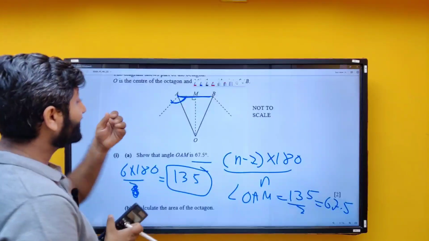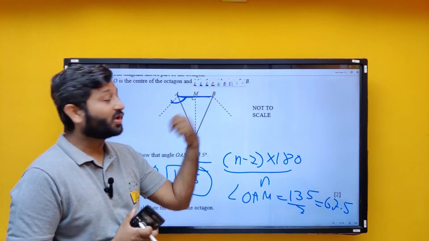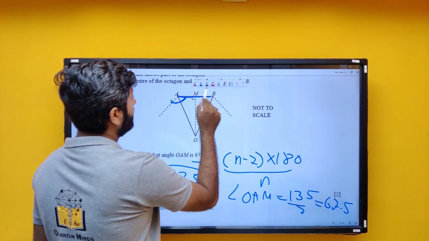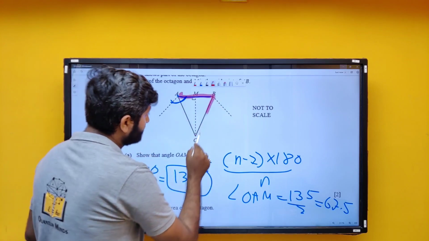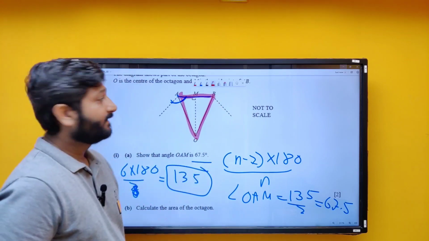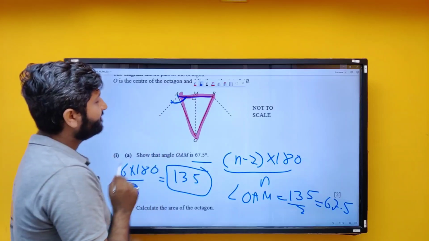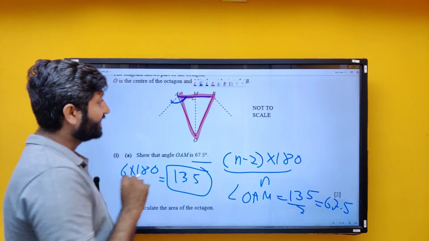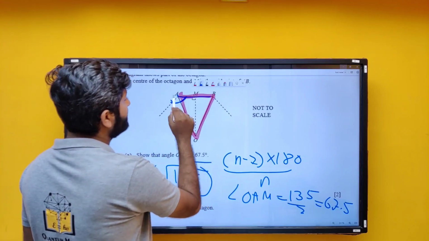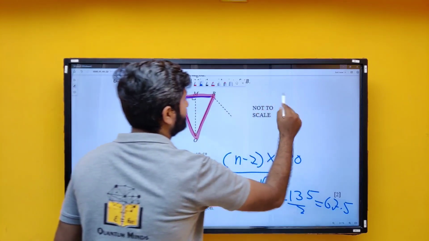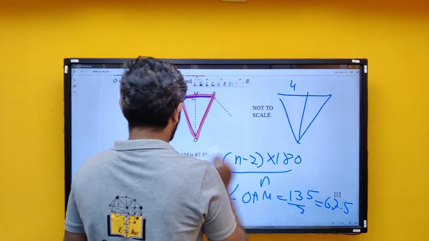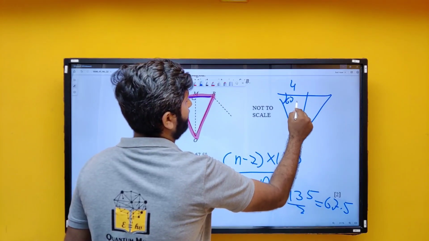Next, calculate the area of the octagon. Now this octagon is made up of 8 similar triangles. Do I have the base? Yes, I have the base as 8. Can I find the height? I think I can, because M is the midpoint. If I draw this triangle, this is 4 centimeter, this is 67.5.